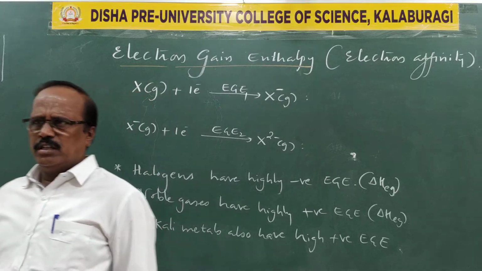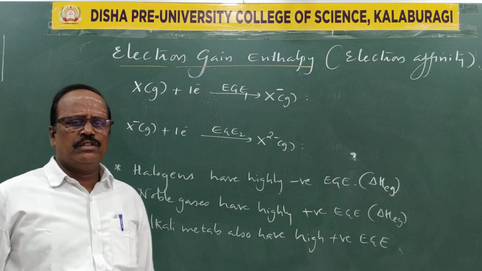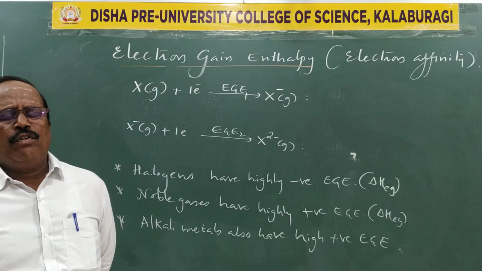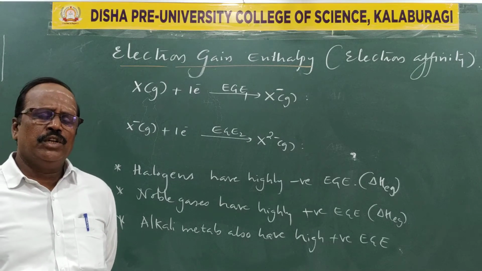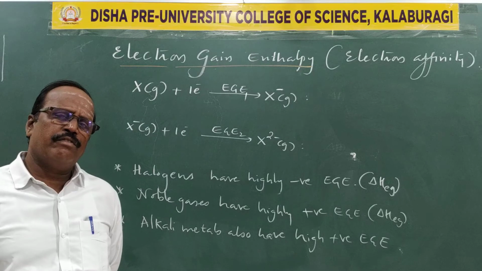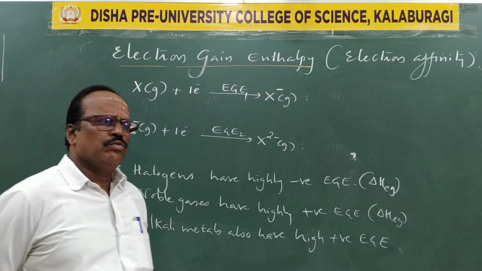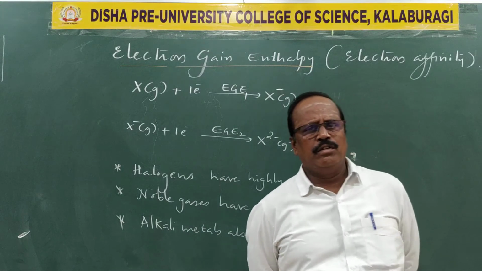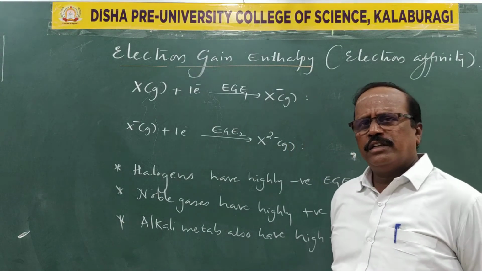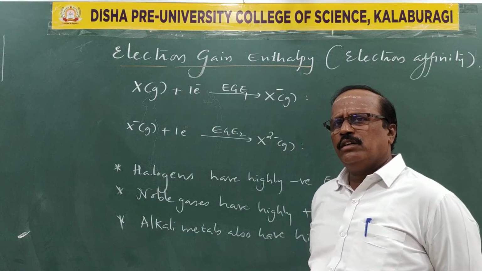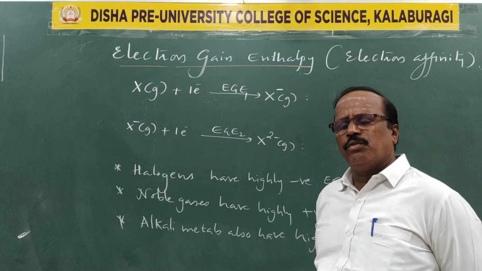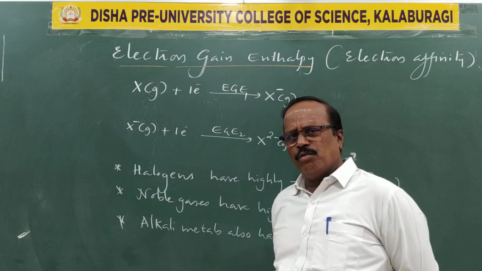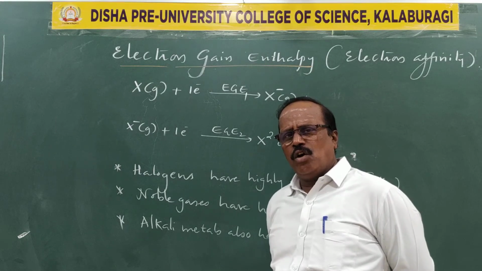This is the information. Soon afterwards, we gave the graphical representation of this variation down the group in the alkali metal family: lithium, sodium, potassium, rubidium and cesium. And a very interesting point along the period: we learnt especially about beryllium and boron, nitrogen and oxygen.